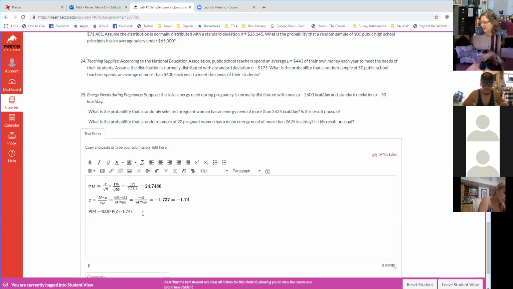So our p is equal to point something. 9591. Yes, in the body of 1.74.